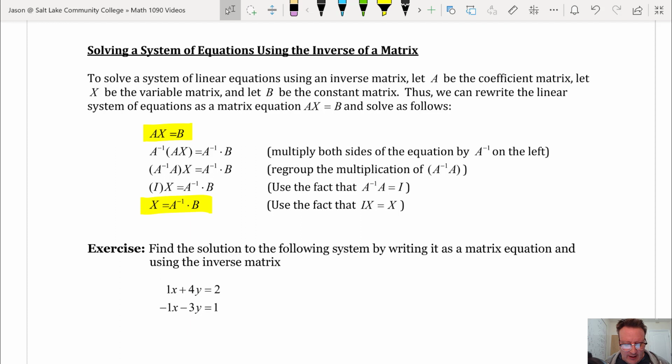If we can find the inverse of a matrix, we can solve a system of linear equations with it. Okay, so imagine we have a linear system, and we have a coefficient matrix. Maybe here's a simple little linear system. I'll do an example right here.